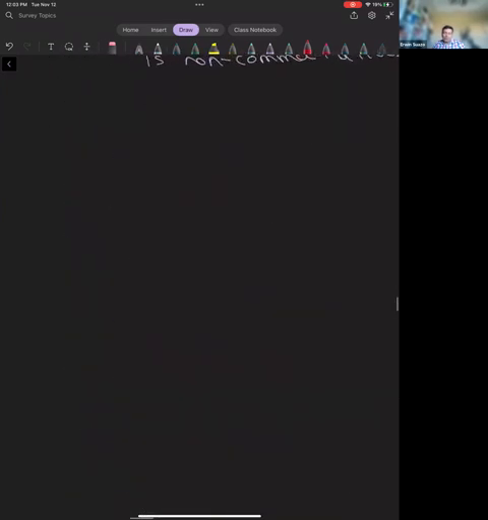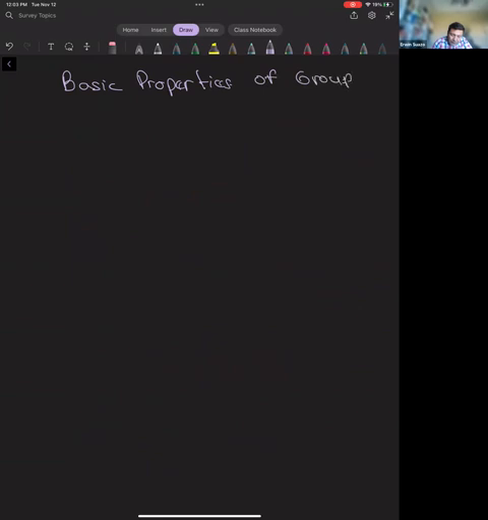We're going to do some basic properties of groups. Soon we're going to do symmetry. I think people are going to like that because it's related to the Rubik's cube. I don't have a Rubik's cube around here.